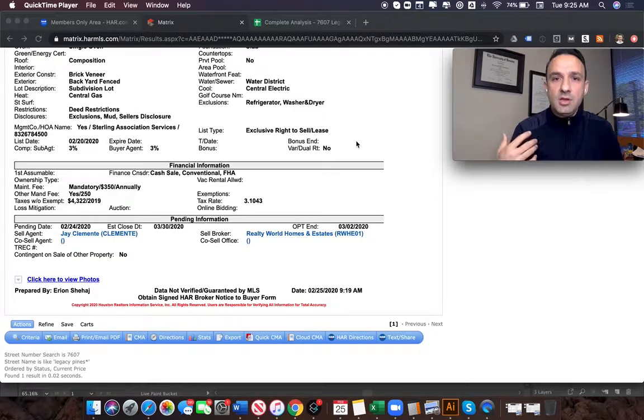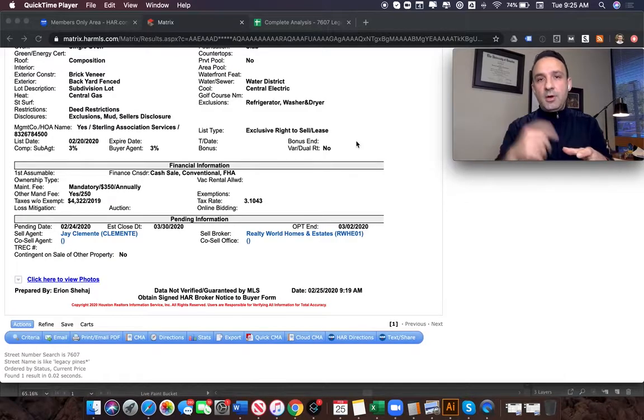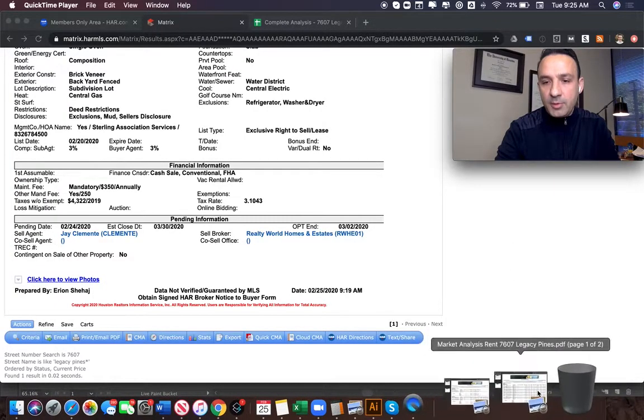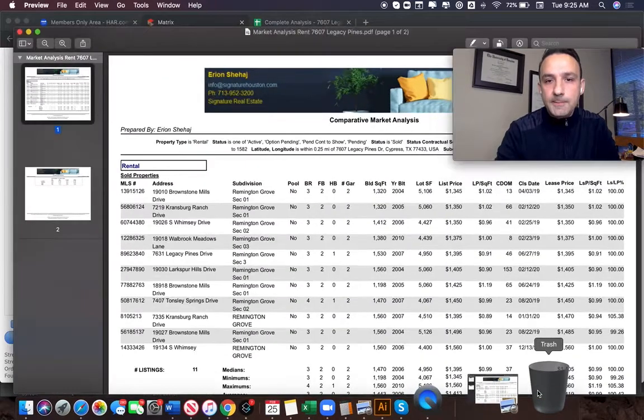So the proper way to determine that is to run a comparative market analysis for lease, meaning we want to pinpoint the property in a map and we want to say, okay, what do properties similar to this one rent for within a half-mile radius, right, that are similar build, similar size, similar age, right? And I have completed that here for purpose of moving a little faster, right?